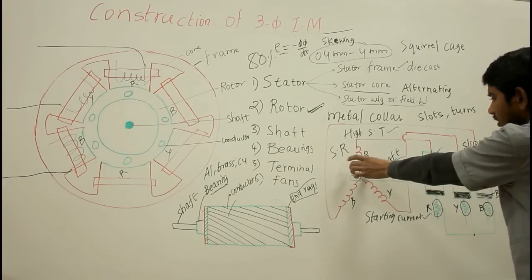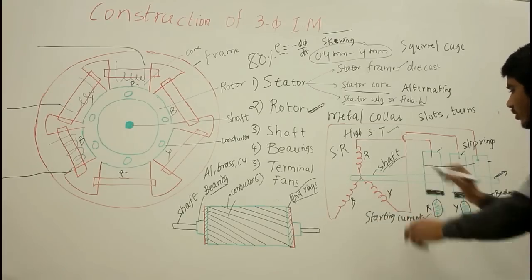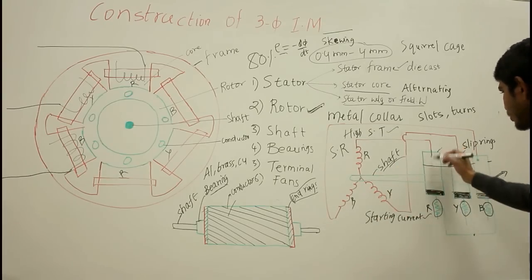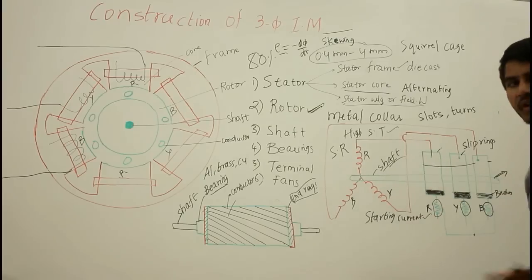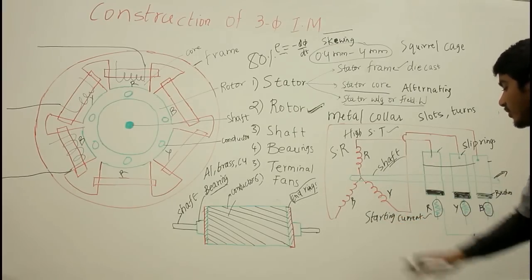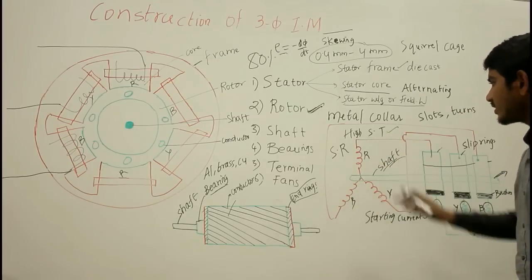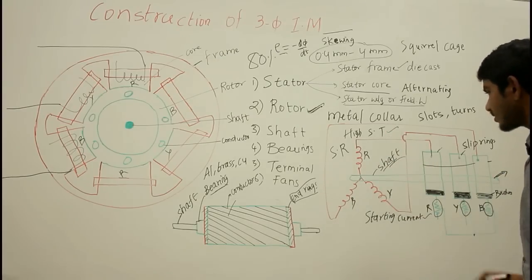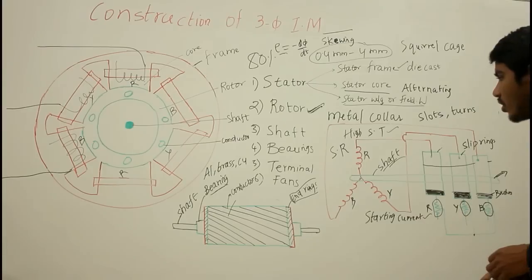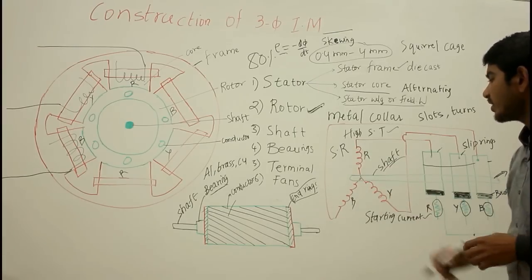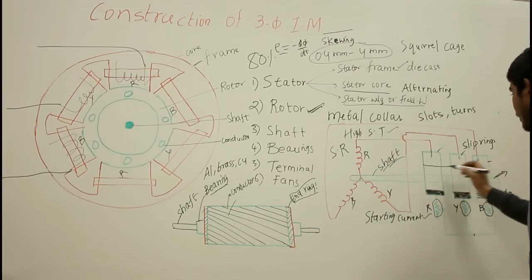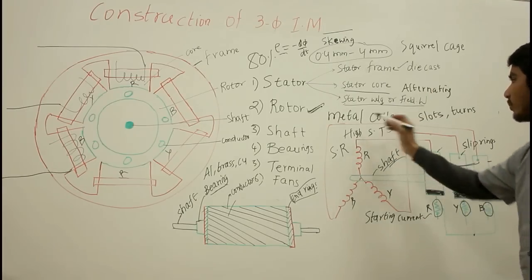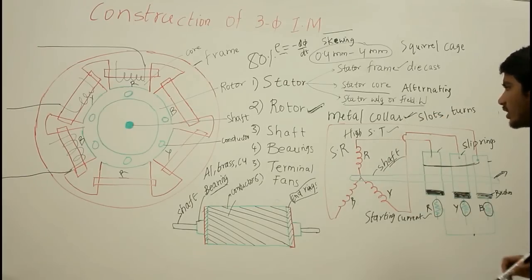We are using slip rings and brushes for the external resistances to be connected to the rotor winding, which helps in reducing the starting current and increasing the starting torque, and these externally connected resistances also help in good speed regulation. Once the motor has started, the 3 slip rings are connected together with the help of a metal collar, and the brushes can be removed, and this reduces the wear and tear of your brushes.